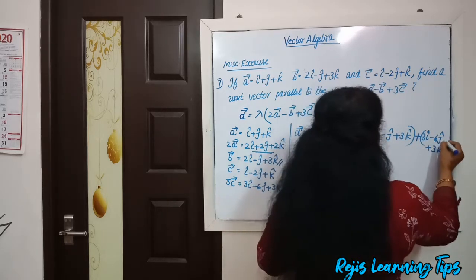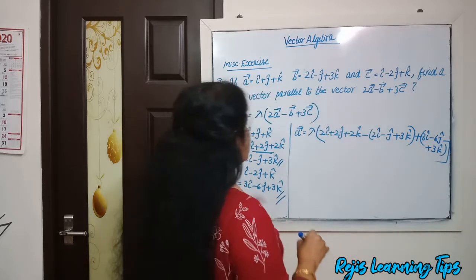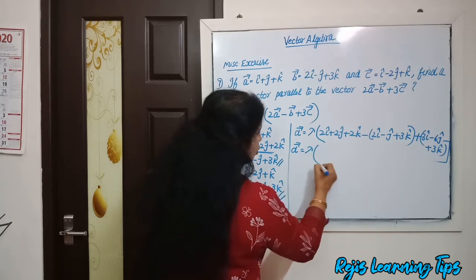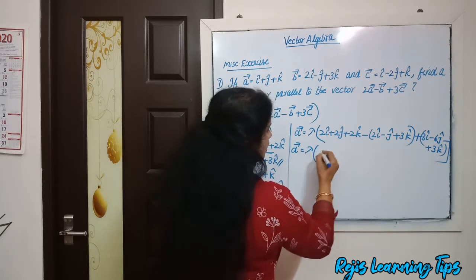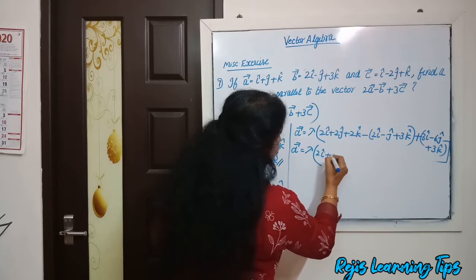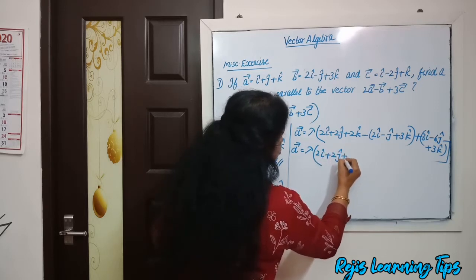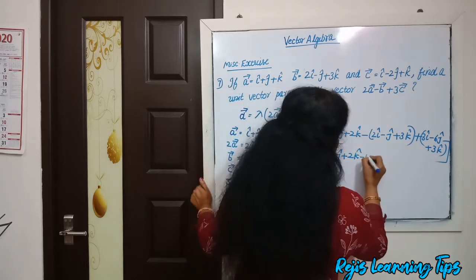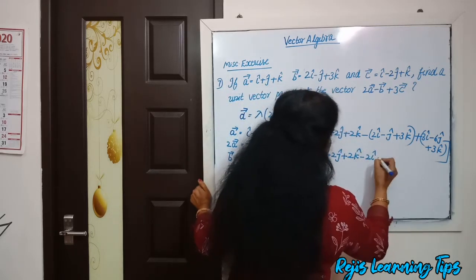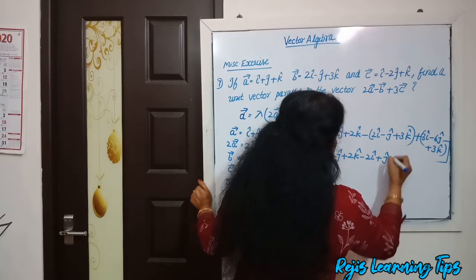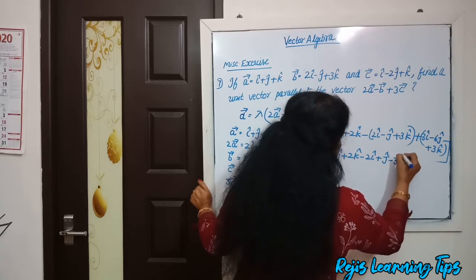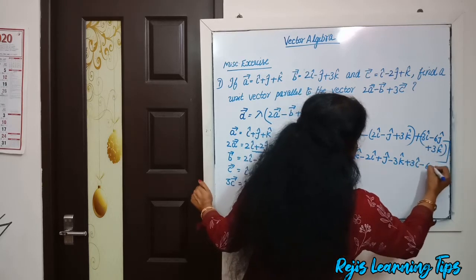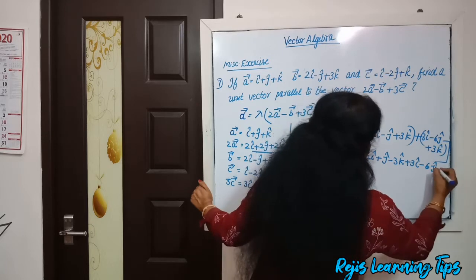Then D vector is equal to lambda times of 2i cap plus 2j cap plus 2k cap. Then we open the bracket: minus 2i cap plus j cap minus 3k cap plus 3i cap minus 6j cap plus 3k cap.